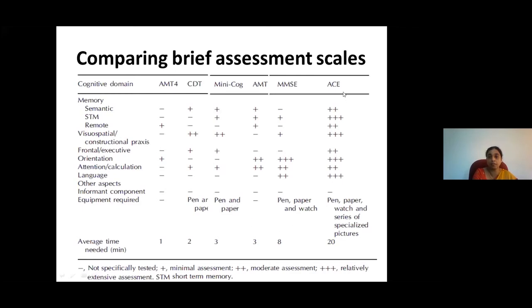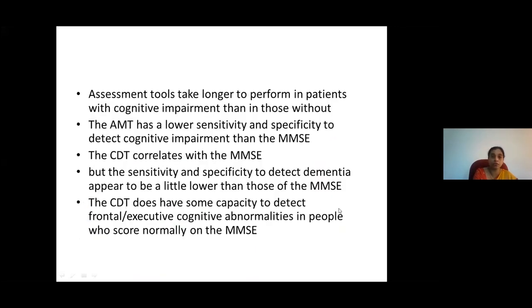Then this is the last one I just wanted to compare with these brief tests. This is the Addenbrooke's Cognitive Examination. It assesses many areas of cognition, and it takes 20 minutes, and it needs specialized people and many resources. So this is what I have explained so far.